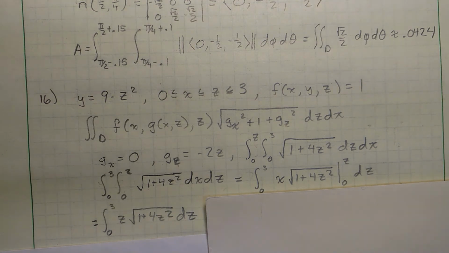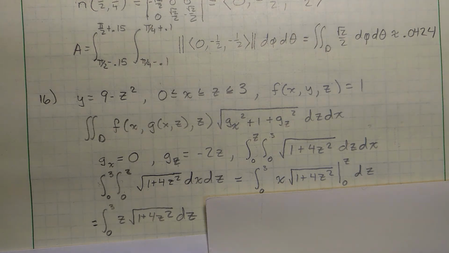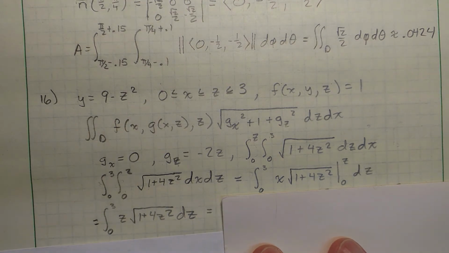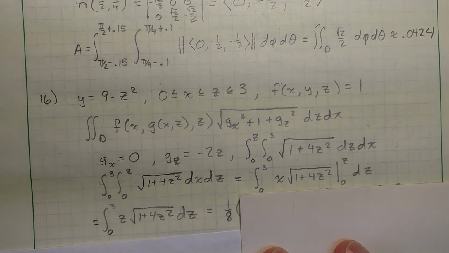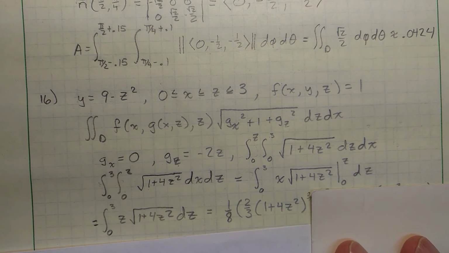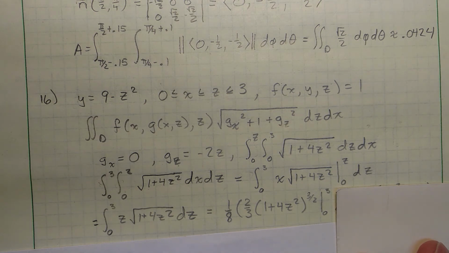So integrating this with u substitution, I get 1/8 is my factor, and I'll get 2/3 times that 1 plus 4z squared to the 3/2 power, all evaluated from 0 to 3.